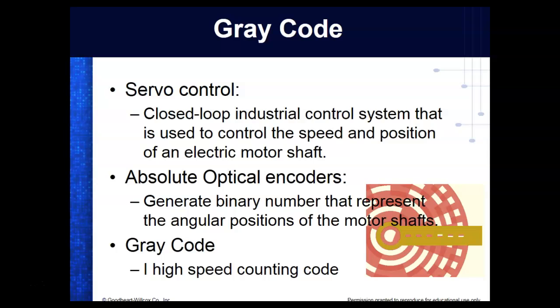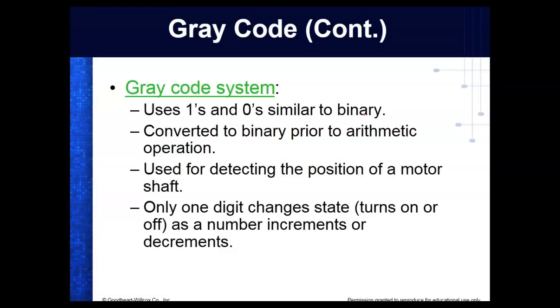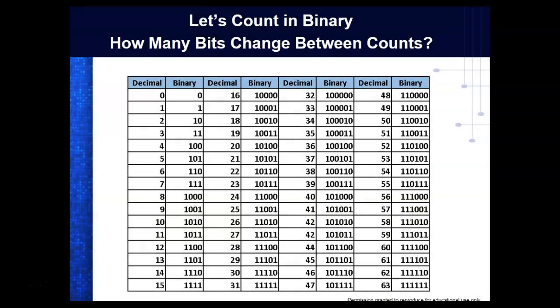So one thing, and also we have what we call a propagation delay. If I was to come up here and start counting like this, well, this is binary. As I start counting, starting in decimal, this would be 0. This would be a 1. This is 0. This would be a 1. This would be a 2. Well, when I went from a 1 to a 2, we had 2 bits that had to change. So this one had to change to a 0, and this one had to change to a 1.